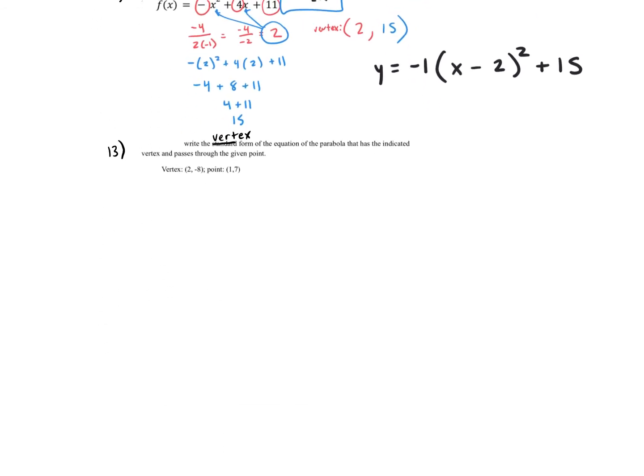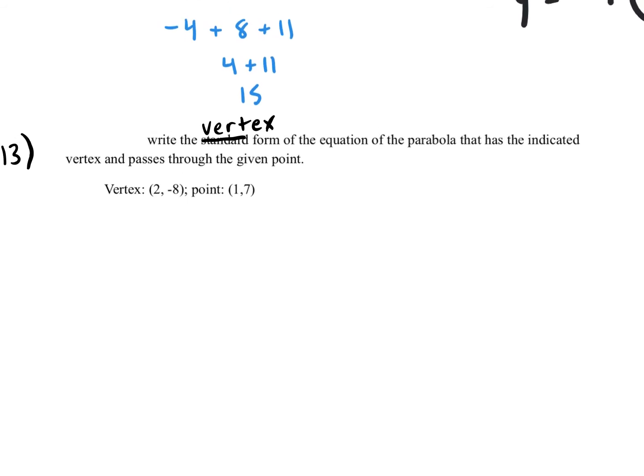All right, 13. Here we have to write the vertex form of the equation of the parabola that has the indicated vertex and passes through the given point. So my vertex form is y equals a times x minus h squared plus k. My vertex is my h and k, and then the point is x and y.